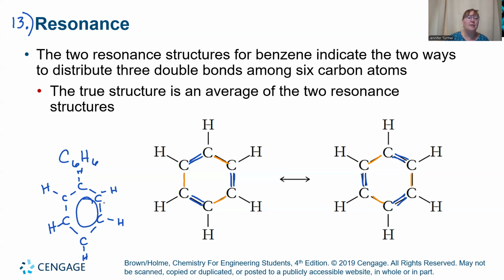Another option you'll see instead of the circle is dotted lines like this. Instead of showing both resonance structures, the dots show you that you have partial double bonds everywhere. Those are some other options for how you would draw resonance structures for benzene.